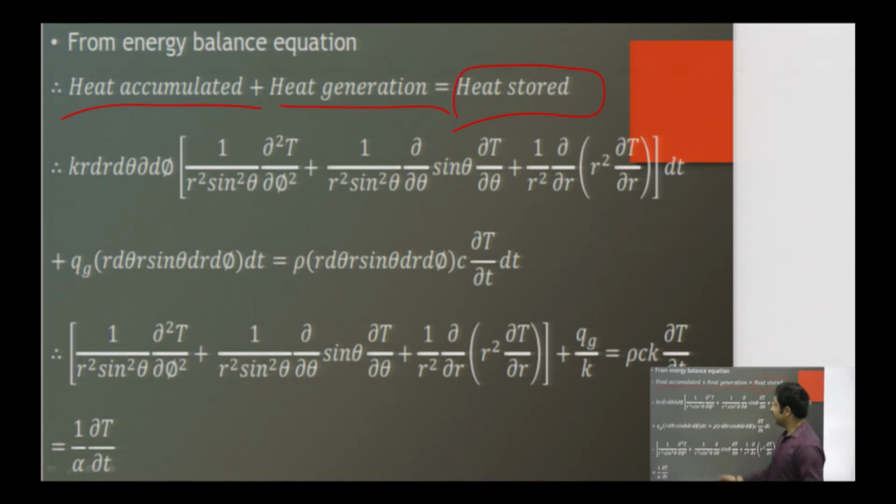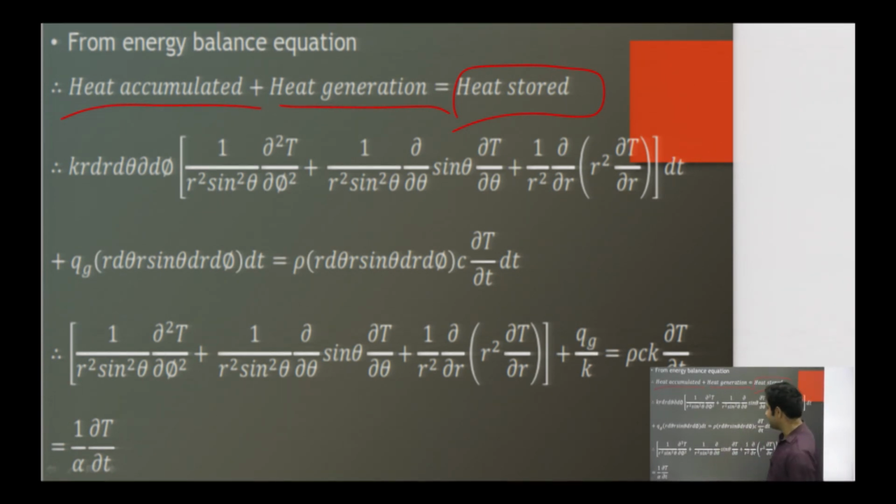So it is k r dr d theta d phi, quite a massive equation, into, in the square brackets, 1 by r square sine square theta del square T by del phi square plus 1 by r square sine theta del by del theta of sine theta del T by del theta plus 1 by r square del by del r of r square del T by del r, dt, plus qg r d theta r sine theta dr d phi dt is equal to rho r d theta sine theta dr d phi into the specific heat del T by del t dt.